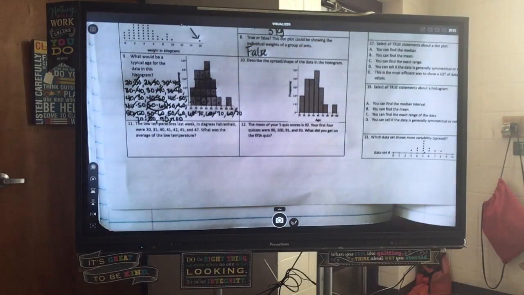Okay. So, number 10, it says describe the spread or shape of the data in the histogram. So, what does our spread or shape look like? It's not, as Cooper said, made up of triangles. What does the spread look like?